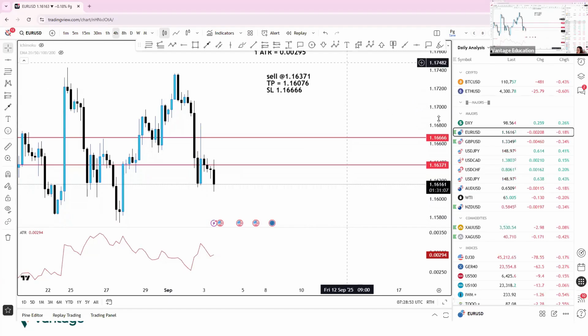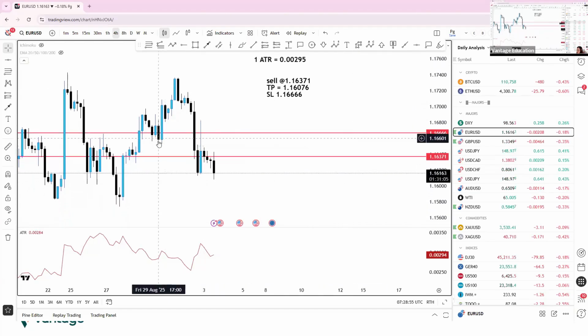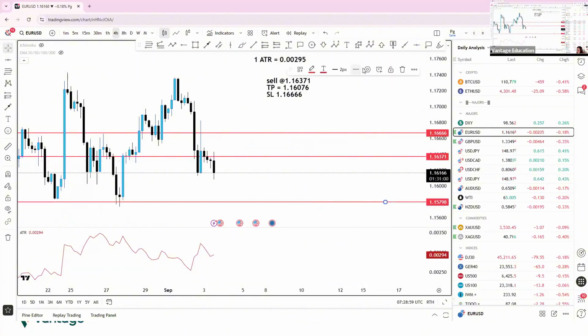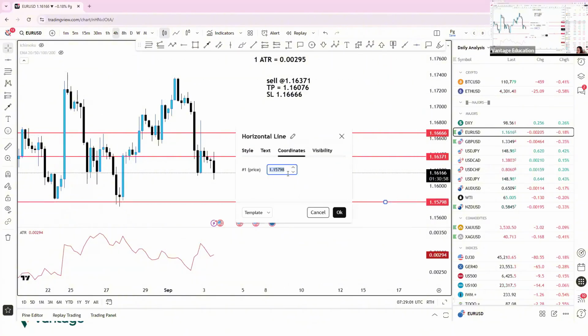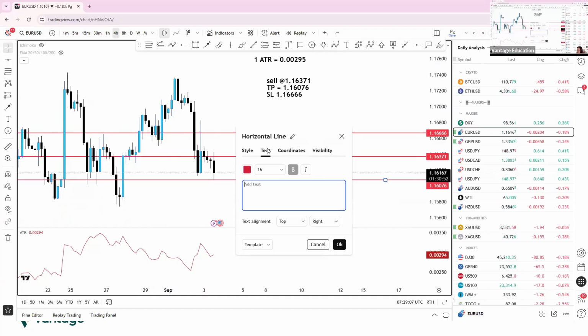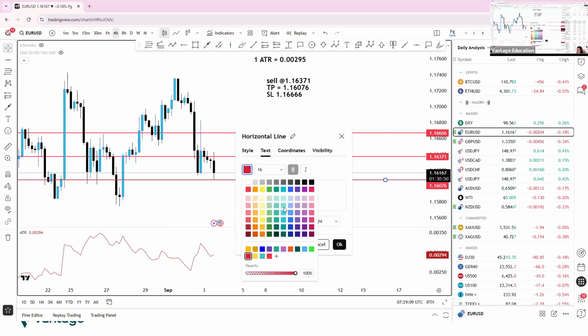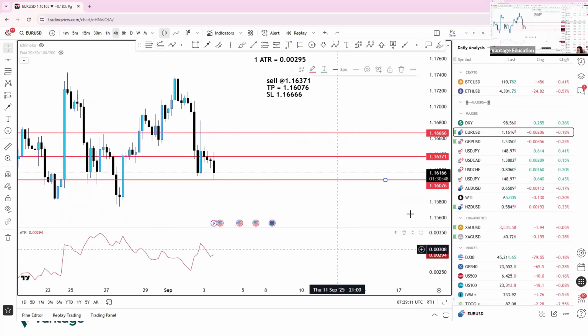You're going to set the stop loss. You can see that this stop loss is placed above the next resistance level. And we're going to set the take profit at 1.16076. So this can help you prevent getting stopped out.